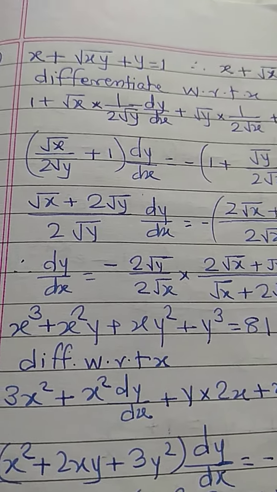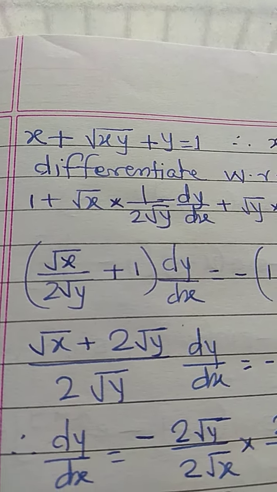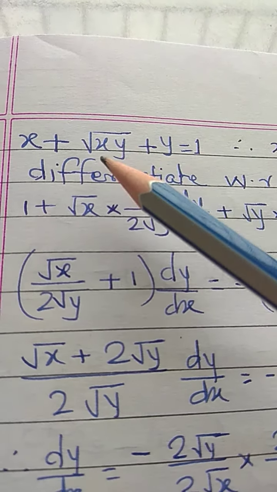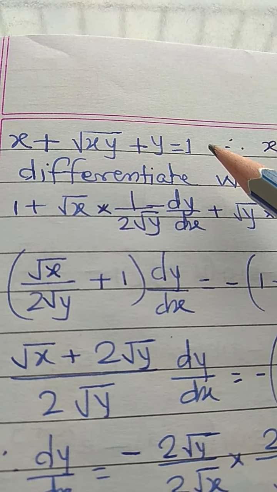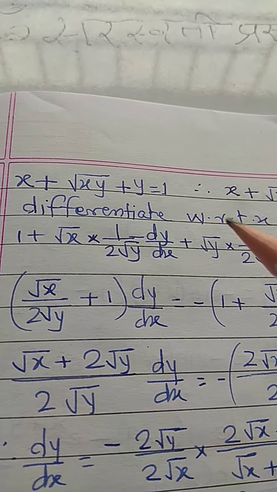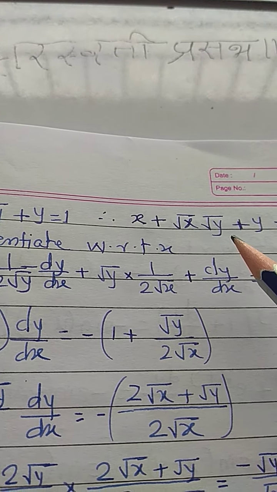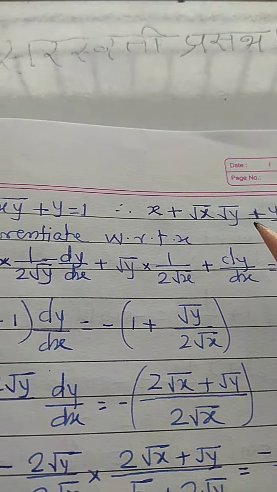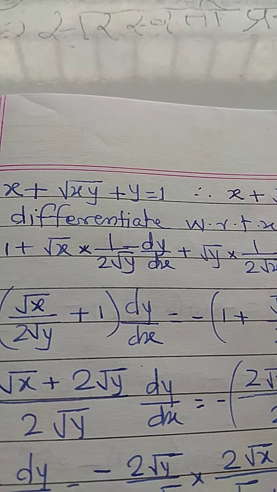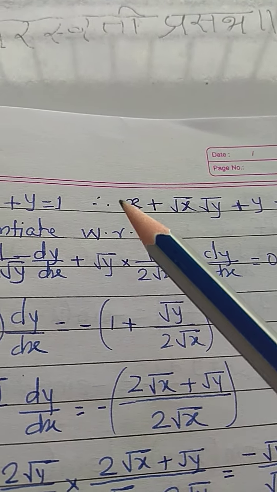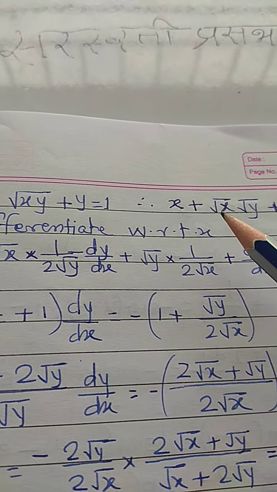(3) x plus root of xy plus y equals 1. This root xy, we can write as root x into root y. Now differentiating with respect to x, the derivative of x is 1 here.